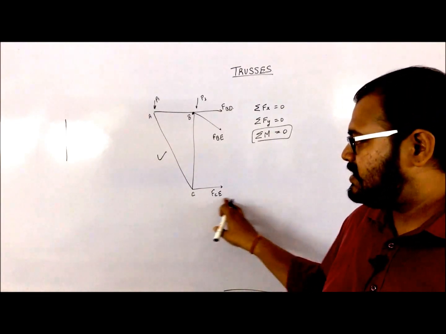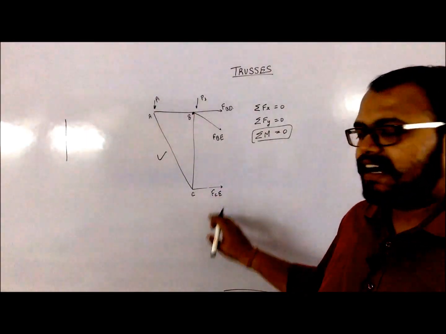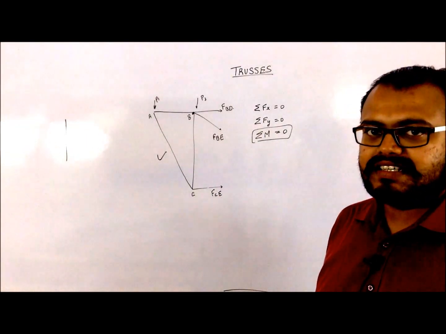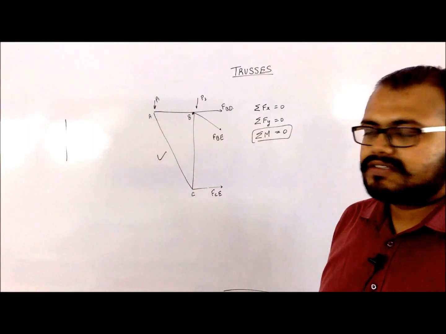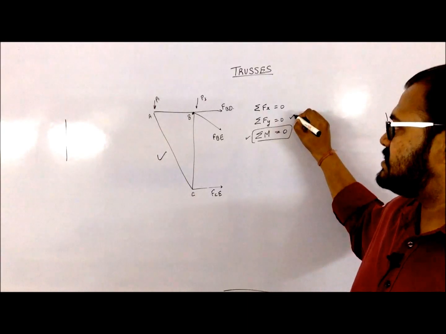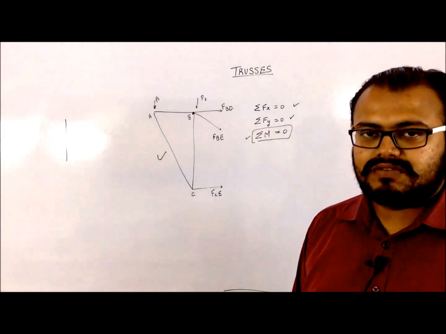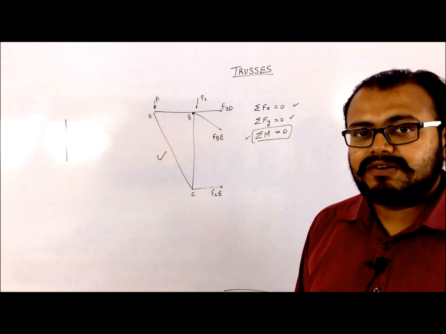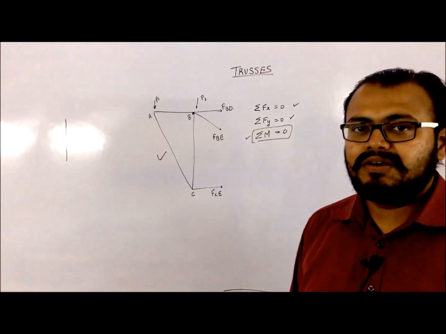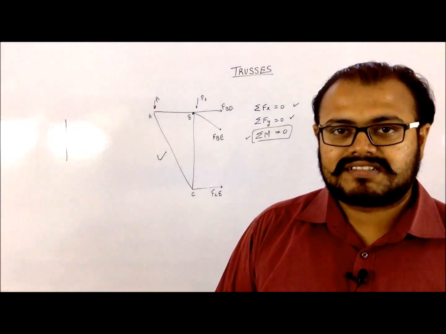The only unknown in that equation will be Fc, and I will get a direct answer for my unknown Fc. After going for summation M, I can go for summation Fy and summation Fx in any order you want. So this is how you can determine the unknowns present in a truss problem.